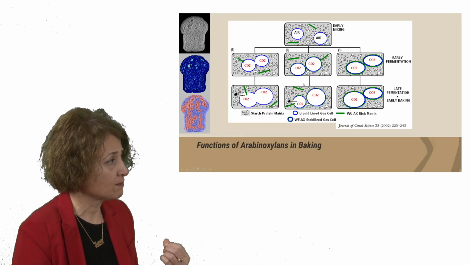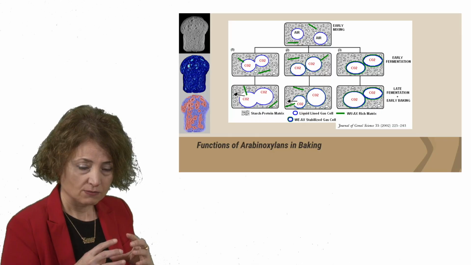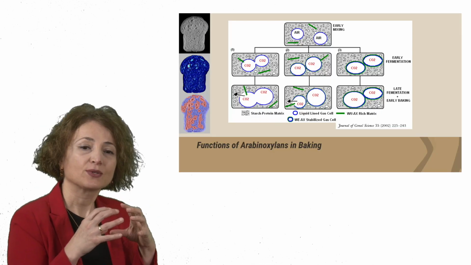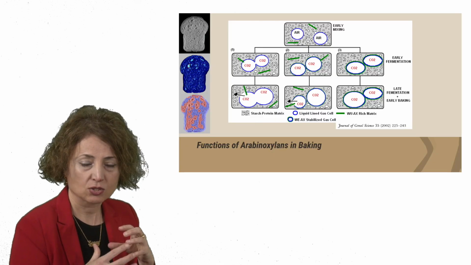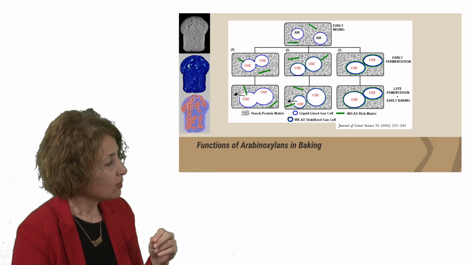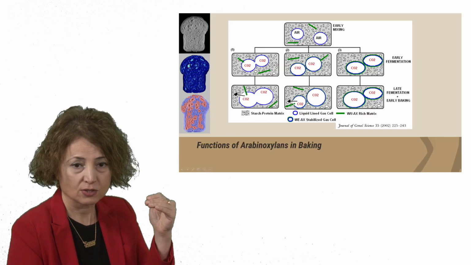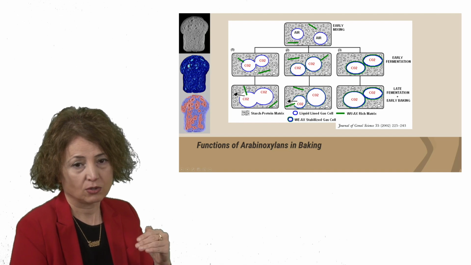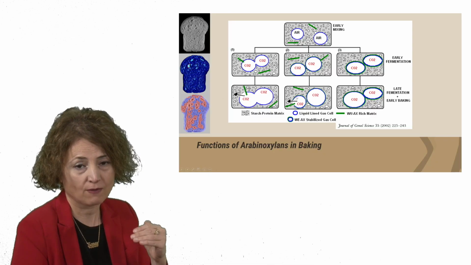If we look at this figure, we can see that water extractable arabinoxylans, which we know are smaller than unextractable ones, actually stabilize the gas cells. So they have a positive impact on the loaf volume and the quality of the bread. But the water unextractable ones actually destroy the gas cells. So they have a detrimental effect on the stability of gas cells formed during the fermentation process.